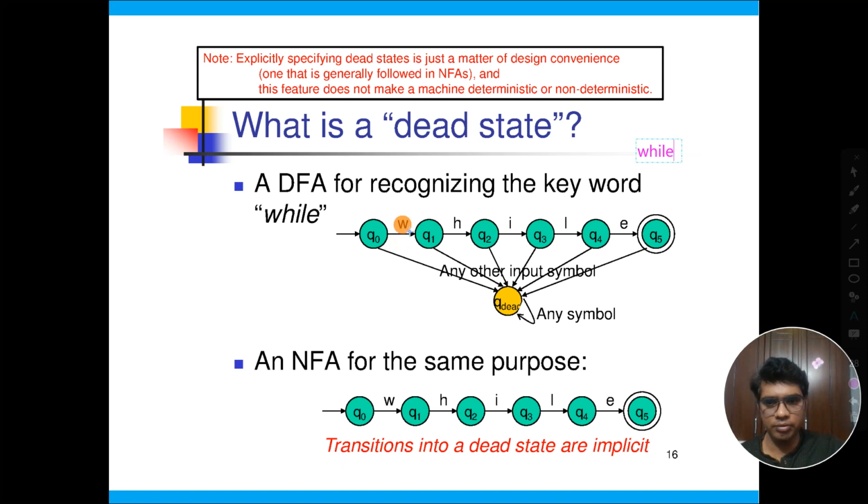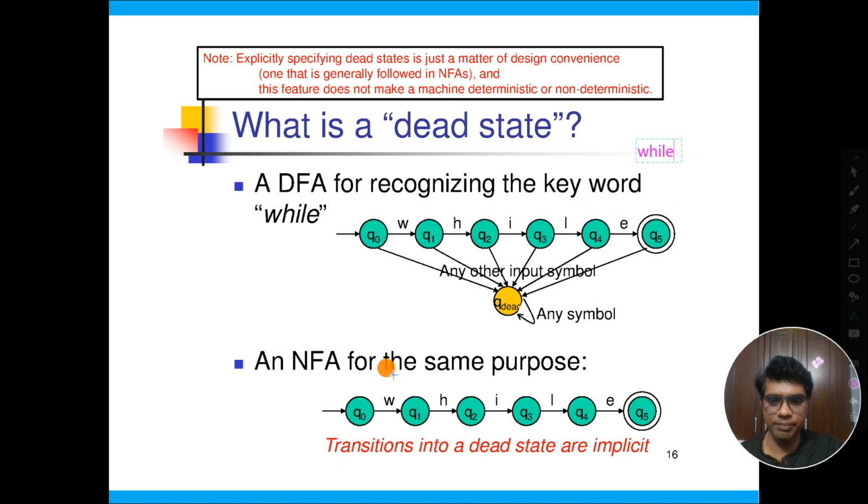In case, on state q0, instead of W it gets some other input symbol, it will go to the dead state. On q1, any symbol other than H will go to the dead state. We want only these symbols from these respective states. Other than that, we get an error, so we go to the dead state.